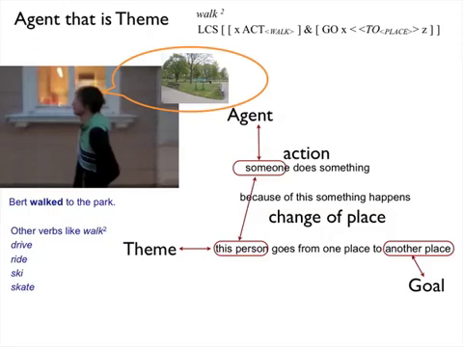So here you just see Bert's walking, and he's walking in a way that he's got a destination in mind. And that kind of walking somewhere with a destination in mind would be this sort of thing. But we can also have something like this, just Bert is walking, right? And then we can take the destination out of there altogether.